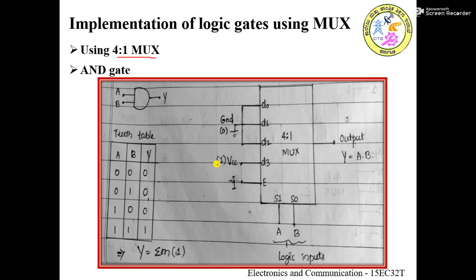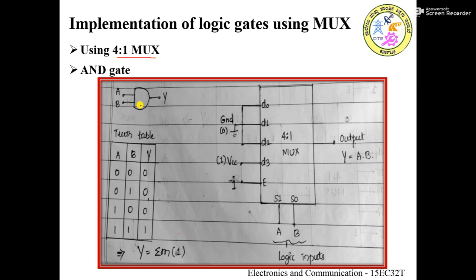The mapping is done in this way: the inputs of the logic gates are directly mapped with the select line contents of the 4:1 mux, and the 4 different outputs are directly mapped in sequence with the 4 inputs of the 4:1 mux.